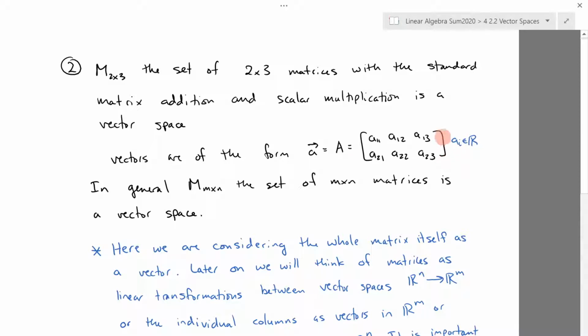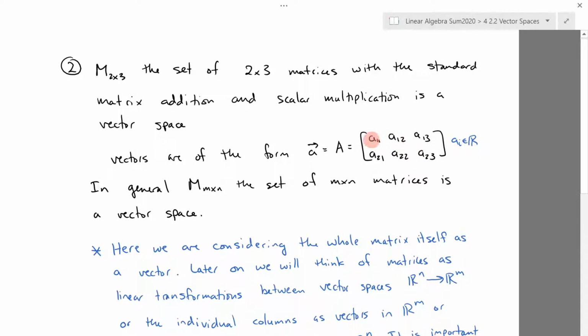So looking at this matrix here, the whole matrix itself can be thought of as a vector with 6 coordinates. The first column can be thought of as a 2-dimensional vector with 2 coordinates, right? So this is the first coordinate, second coordinate. The second column can be thought of as a separate 2-dimensional vector. And then the third column can be thought of as a separate 2-dimensional vector, right? So each individual column gives you 3 different vectors.